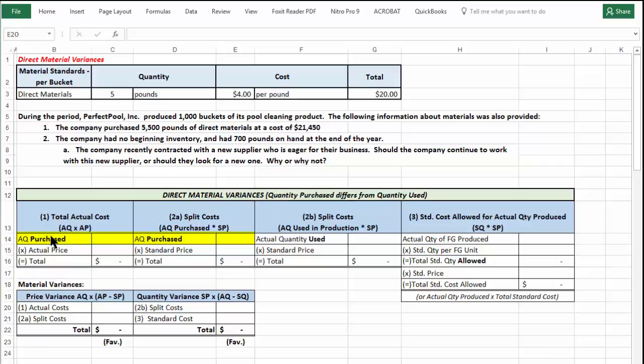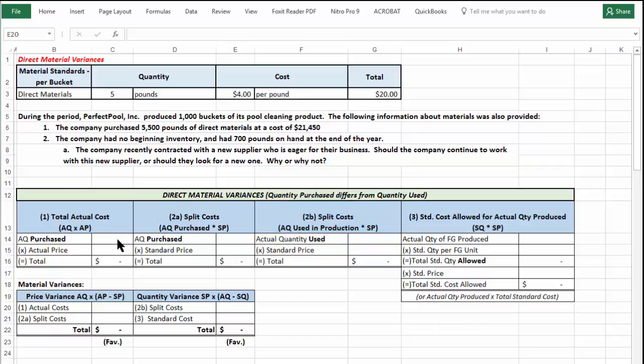So we look to actual quantities purchased for this particular variance. When we look at the quantity variance, we will see that actual quantities used rather than purchased are the focus. That will be because we're hoping to keep the production manager responsible for whether he is efficient or wasteful in his use of materials.